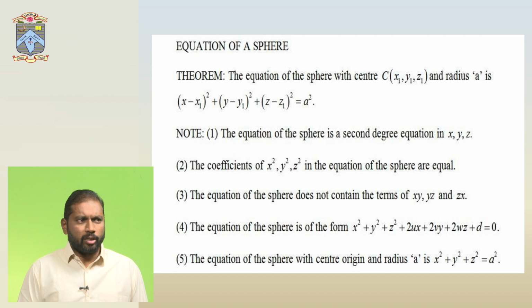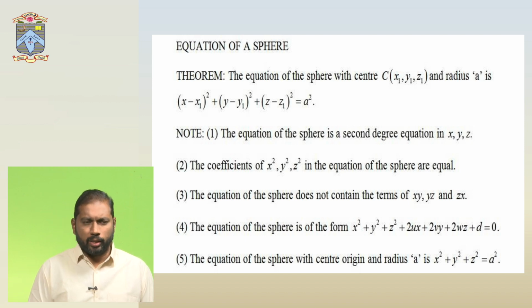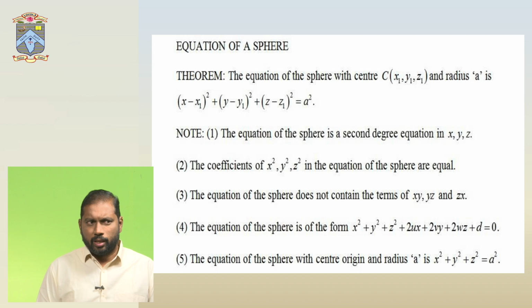First, the equation of the sphere is a second degree equation in x, y, z. The coefficients of x square, y square, z square should be equal. The equation does not contain the xy term, yz term or zx term.